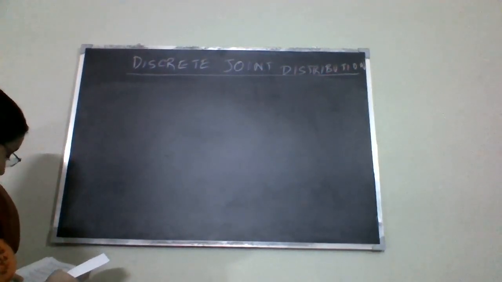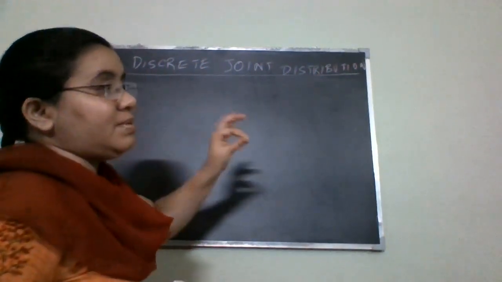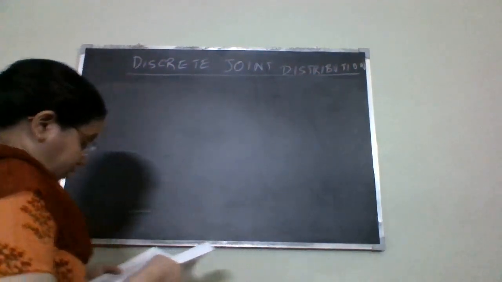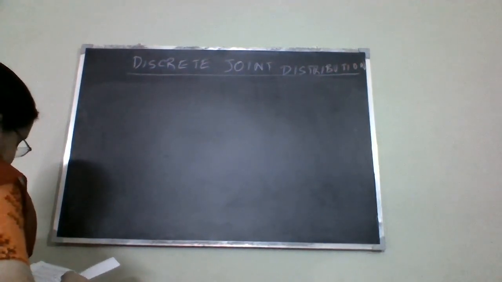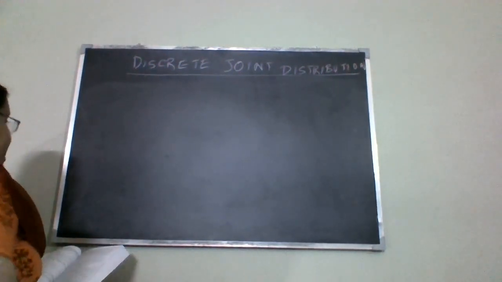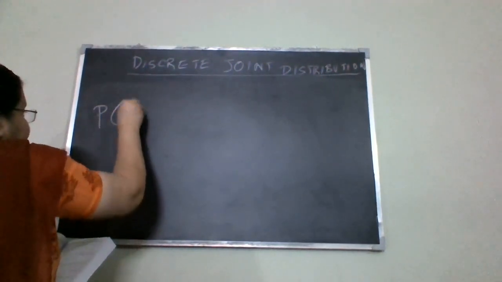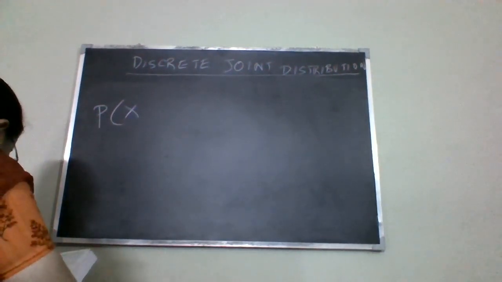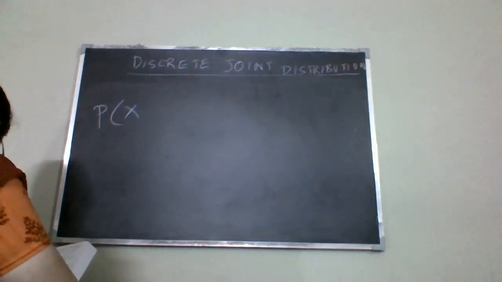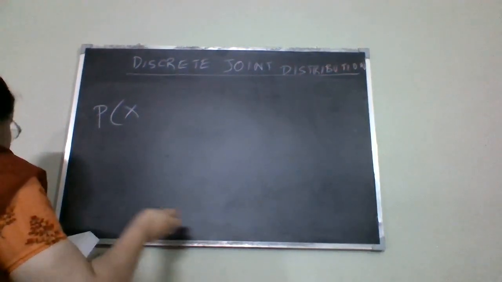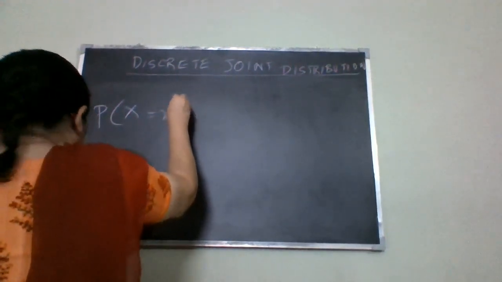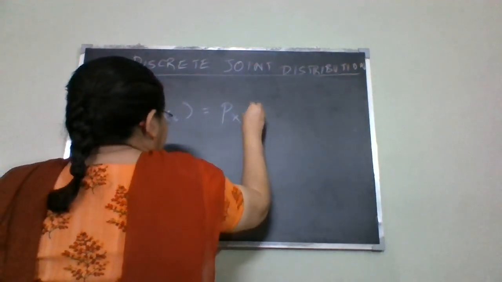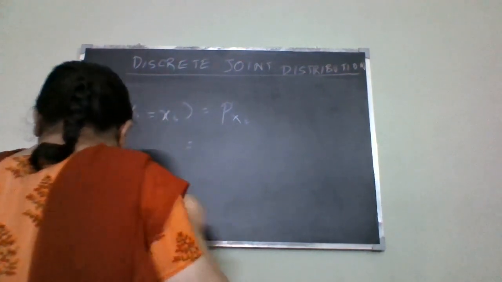Obviously, for the individual variables, we now consider capital X and capital Y individually. P(X = x_i) is equal to what?